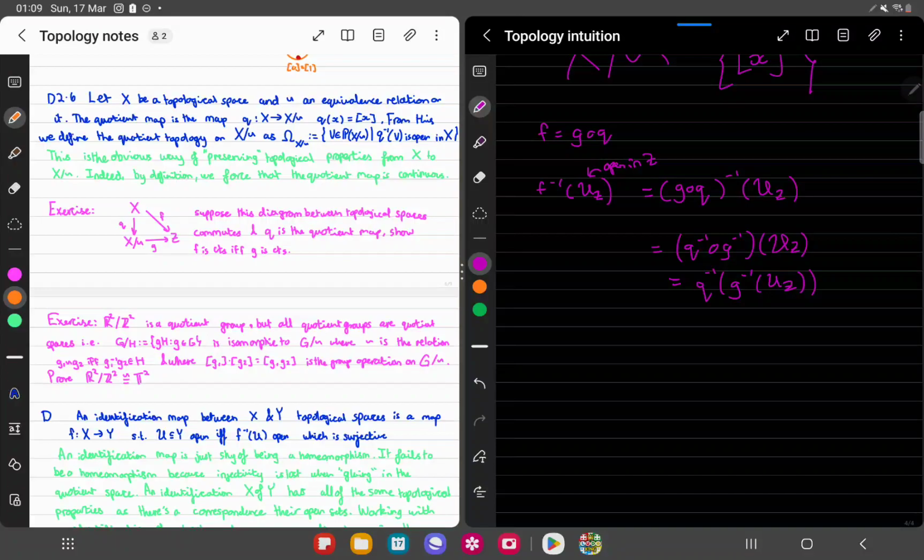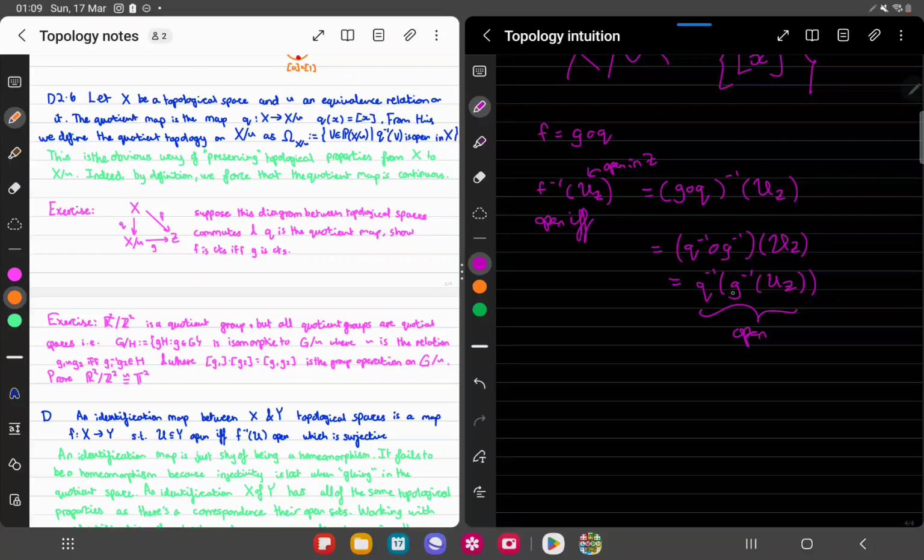All right. So suppose I want this to be open if and only if this thing is open, right? And by the definition of Q and the quotient topology, this is open if and only if this is open, which would imply that that is open.